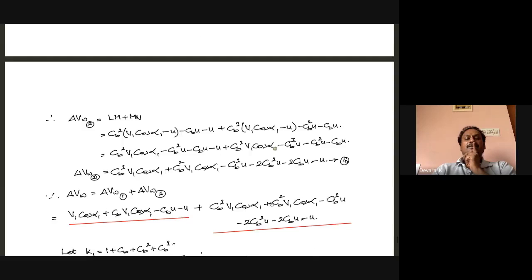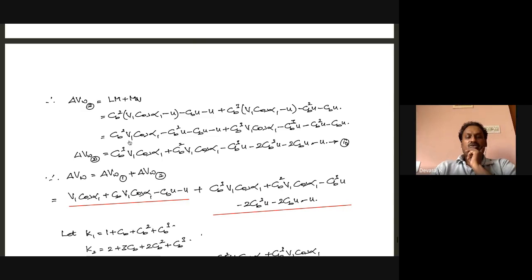And if I write for MN, it is Cb cube into (V1 cos alpha 1 minus U) minus Cb square into U minus Cb into U. Let's open all the brackets and write it as Cb square into V1 cos alpha 1 minus Cb square into U minus Cb into U minus U plus Cb cube into V1 cos alpha 1 minus Cb cube into U minus Cb square into U minus Cb into U.